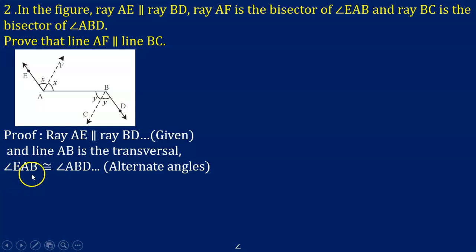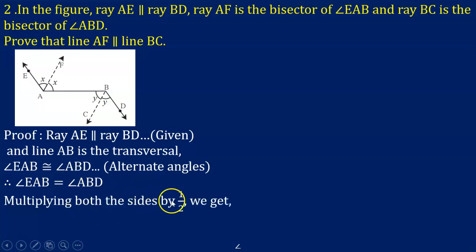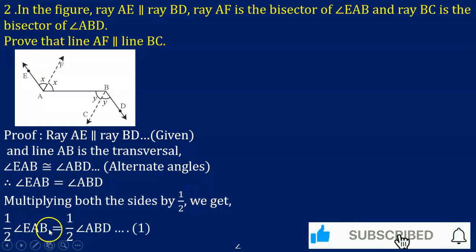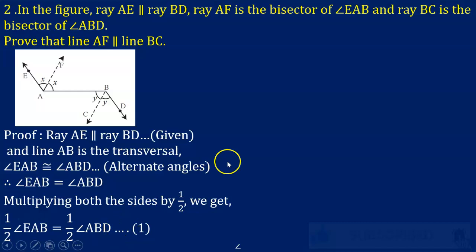Therefore, measure of angle EAB is congruent to measure of angle ABD, alternate angles. Therefore, their measures are equal. Angle EAB is equal to angle ABD. Multiplying both sides by 1 upon 2, then you will get here 1 upon 2 measure of angle EAB is equal to 1 upon 2 measure of angle ABD.